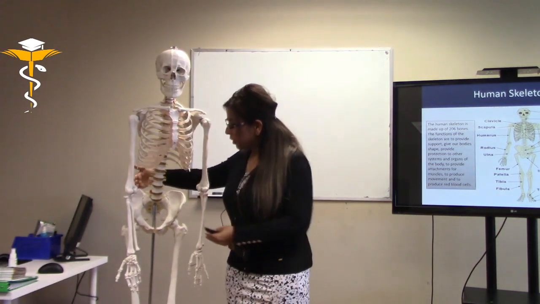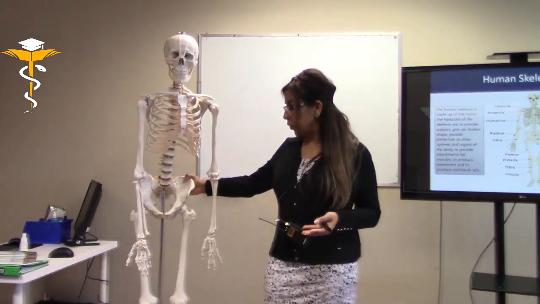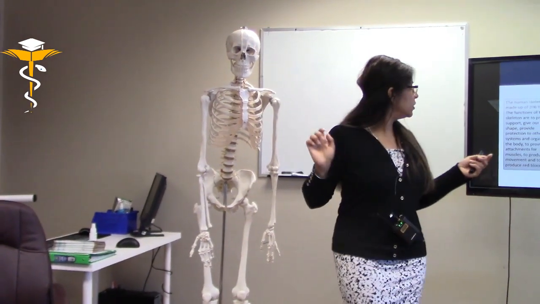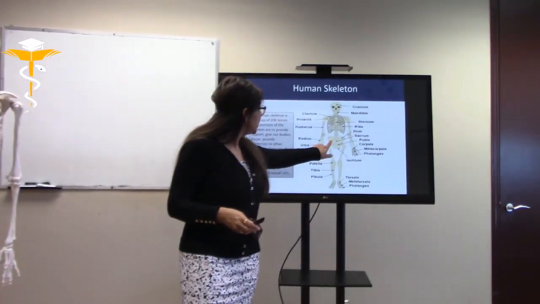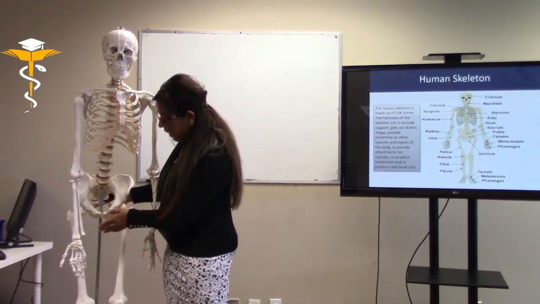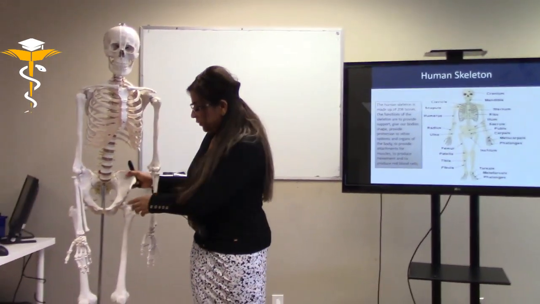Coming down to our pelvic region, the pelvic region is also called the hip bone. This is the ilium, if you can look here as well, ilium. That's the sacrum, and that's the pubis. Okay, that's the pubis right there.